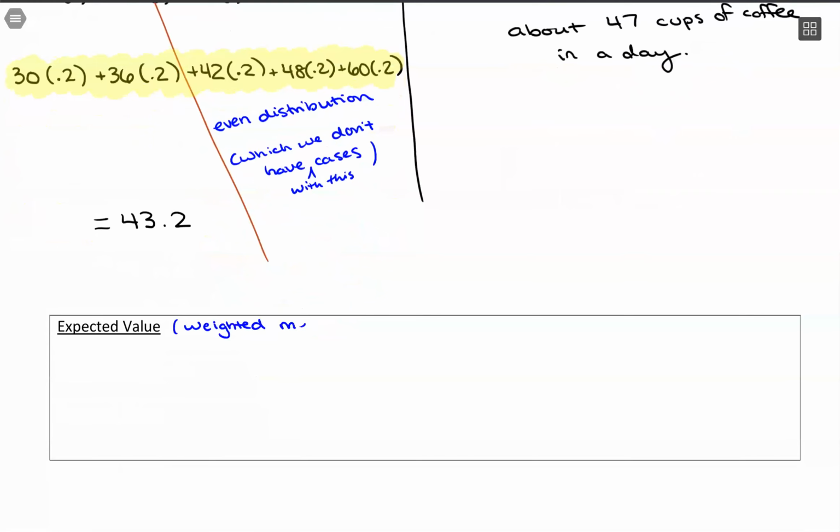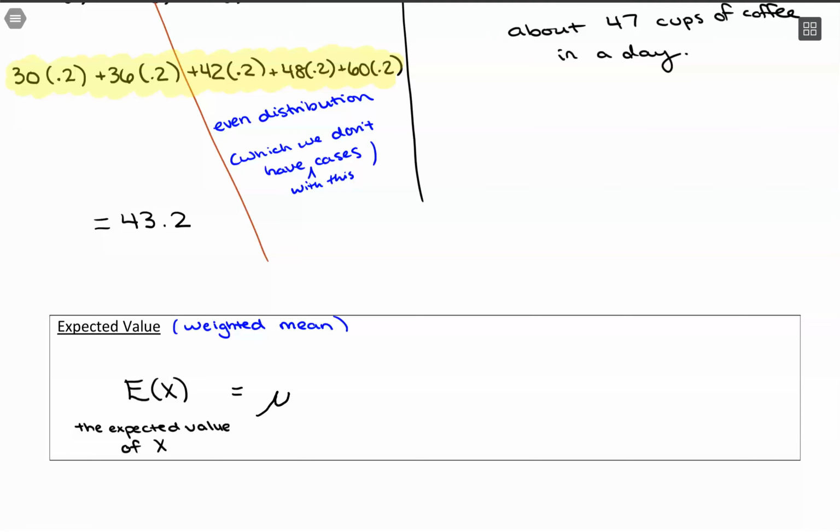In terms of notation, we could write for expected value, and there's a few different forms. You might see E of X. This is just read as the expected value of X. You might also see the symbol for mean that comes up in statistics.